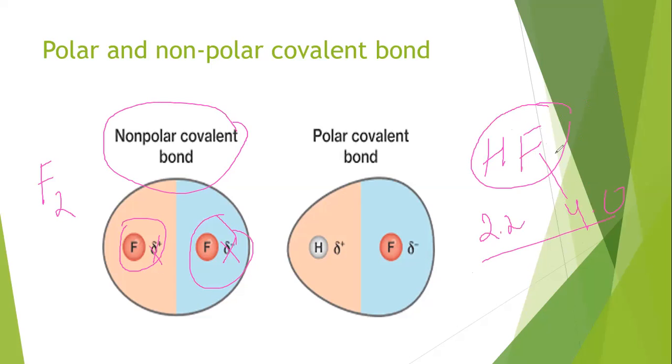Due to that electronegative difference, the electron pair is more attracted towards the fluorine atom as compared to the hydrogen atom. So due to that difference, hydrogen contains partial positive charge, and fluorine contains partial negative charge. It will make a polar covalent bond, a polar covalent molecule.